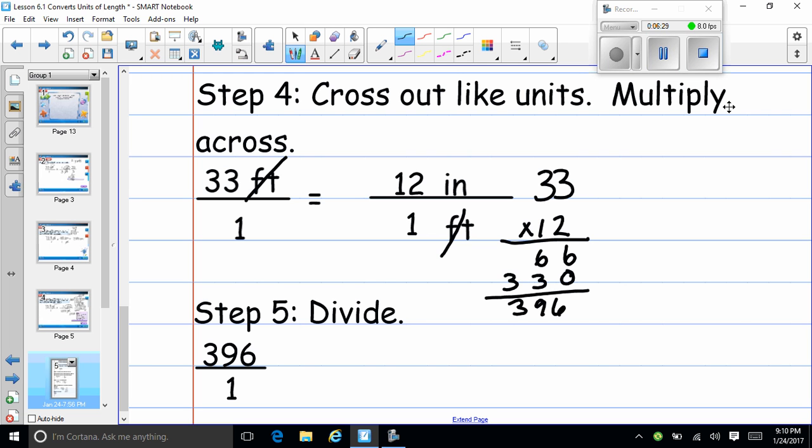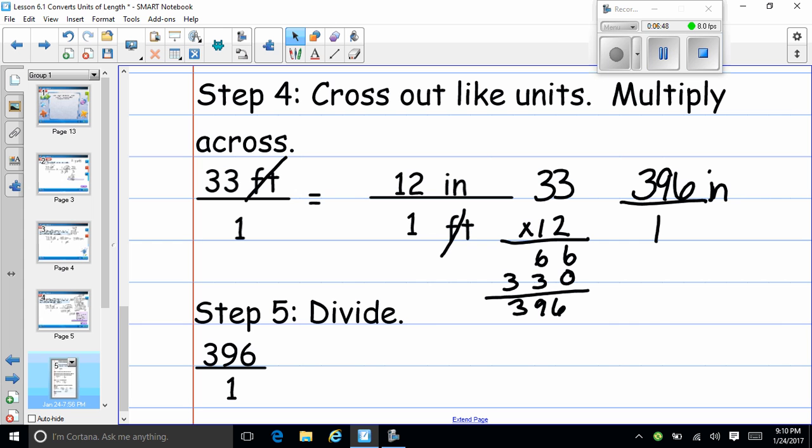And I get 396. So 396 over 1 is going to be the fraction that I have. And since inches has been left, I'm going to carry that over. Once you have that copied down, continue to hit play.